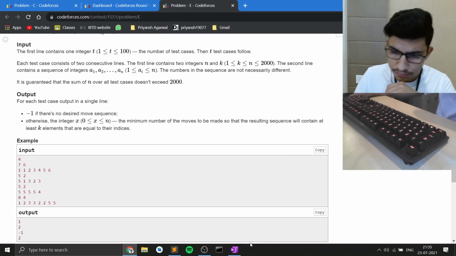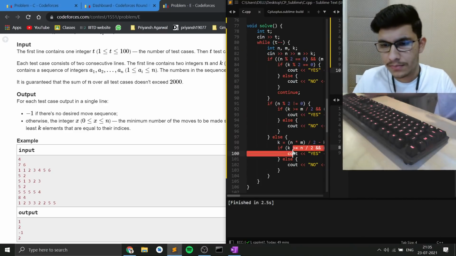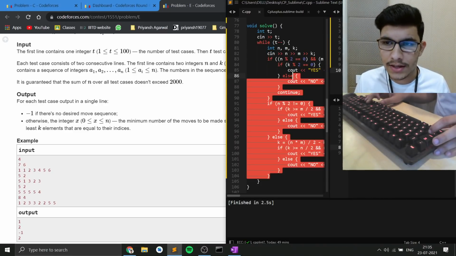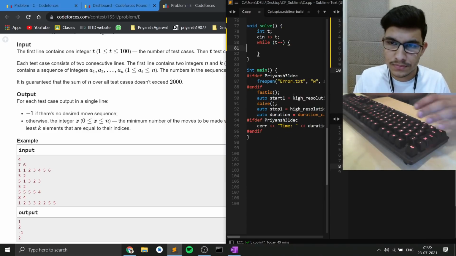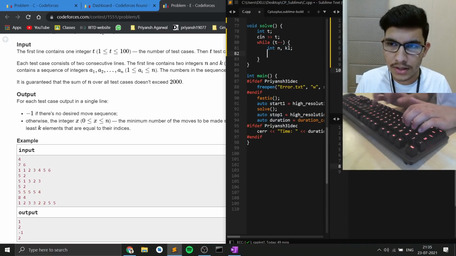Okay, I think I can do a DP here. If I'm standing on index i and I have removed j characters, then for the next one I have two possibilities, right? So int n comma k.